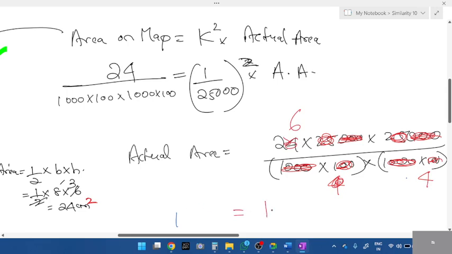Actual area is equal to 1.5 kilometer square. Kilometer we converted. If it is area, kilometer square. Now is the answer right? Did we get 1.5? Perfect. Remember that calculation, students. For 24 centimeter square, you should multiply twice because the degree is 2 there. You should divide twice.